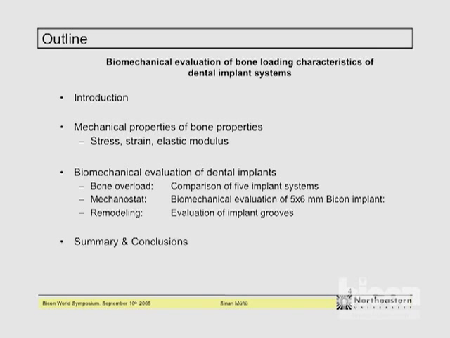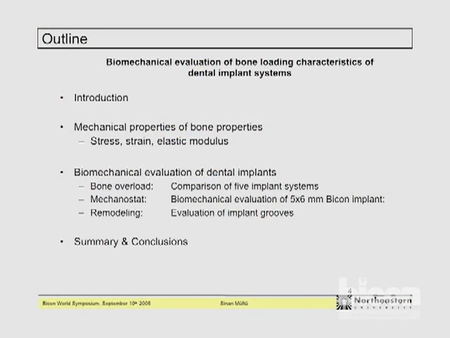Now, the first thing I'm going to do is compare 5 different implant systems. Next, I'm going to look at the biomechanical evaluation of the 5x6 Bicon implant. And then I'm going to look at the evaluation of some implant groove types. Now, when I'm doing this, I'm going to increase the complexity of the biomechanical evaluations.